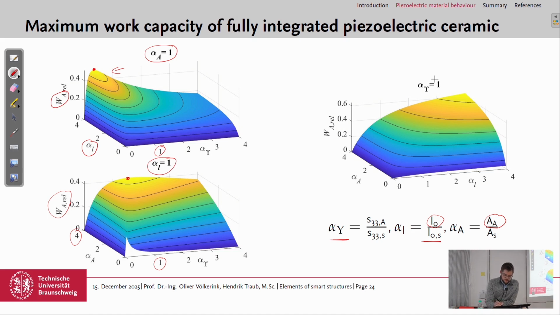And here the last one, here we say the stiffnesses of structure and actuator are the same, and then the maximum work capacity is here.